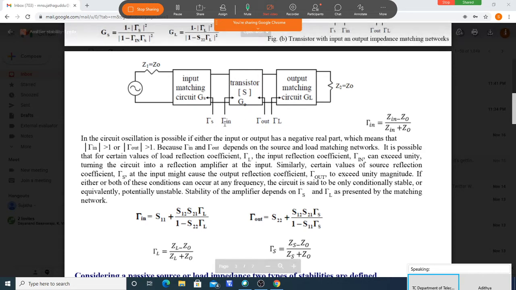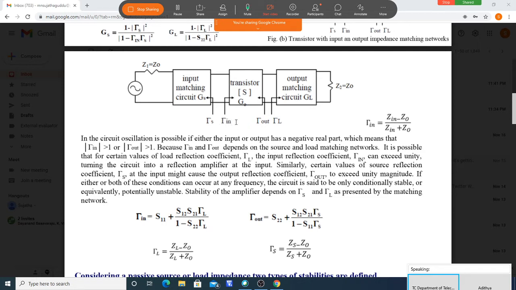Always tau in and tau out should be less than or equal to 1. The boundary is 1. Tau in and tau out must be lesser than or equal to 1. They should not be greater than 1. But sometimes what happens?